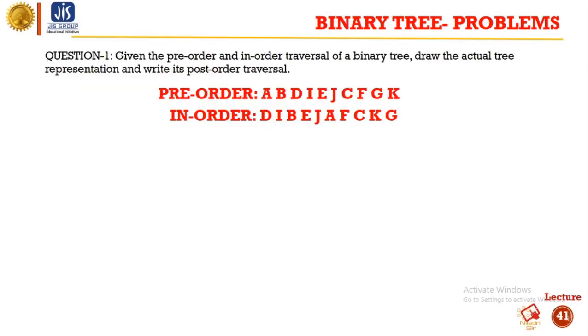Okay, so the question is, given the pre-order and in-order traversal of a binary tree, we have to draw the actual tree representation and also write its post-order traversal. As you can see, the pre-order traversal and in-order traversal of a binary tree are given.